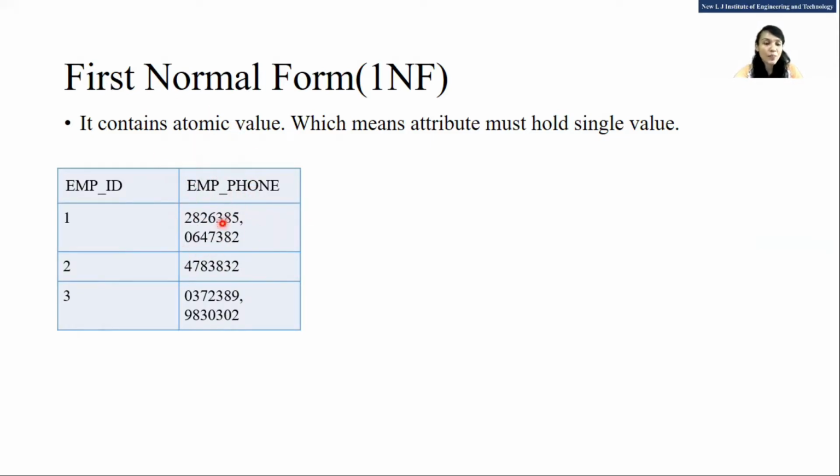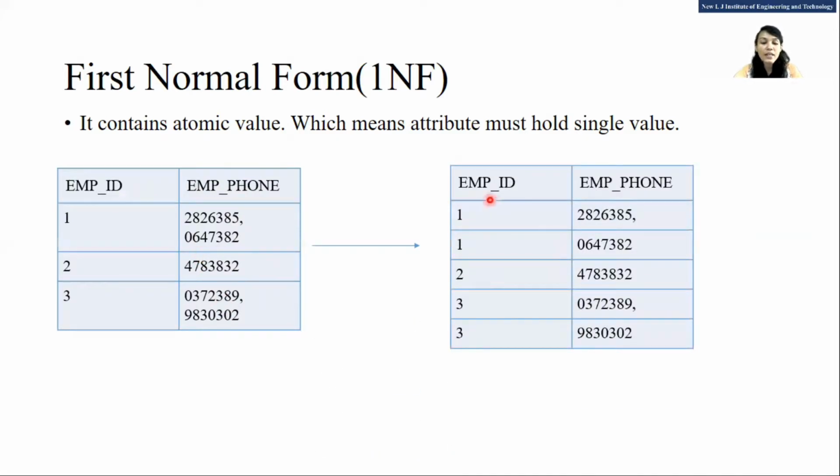So let's decompose it: employee ID 1 with the first phone number, then employee ID 1 with the second phone number, then 2 with his phone number, and then 3 twice, because 3 also has two different numbers. To fulfill the atomic value condition, I am converting this table into this table. This is how we can say that now this table is in first normal form.